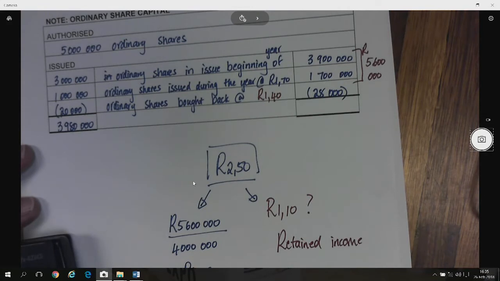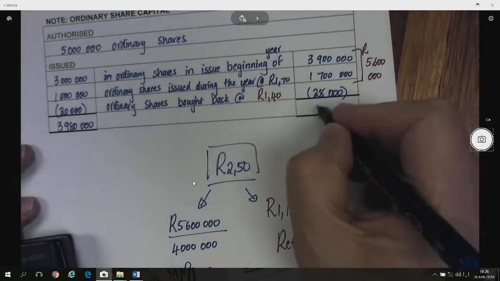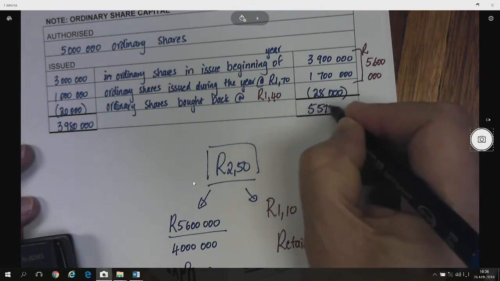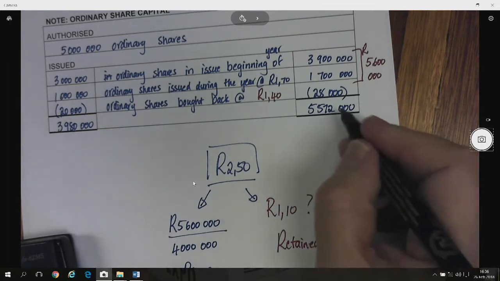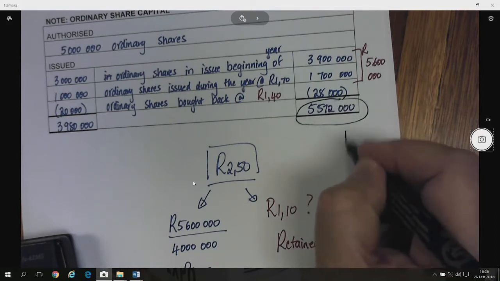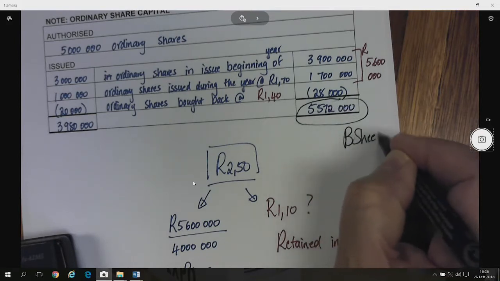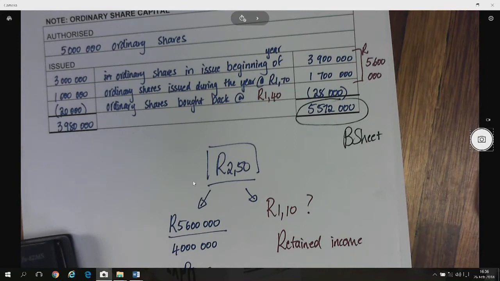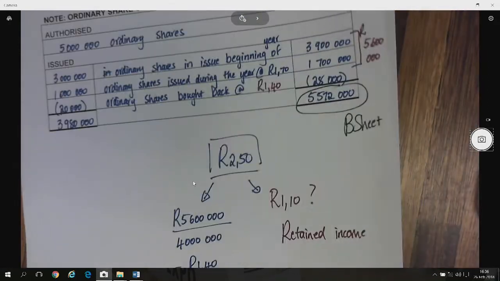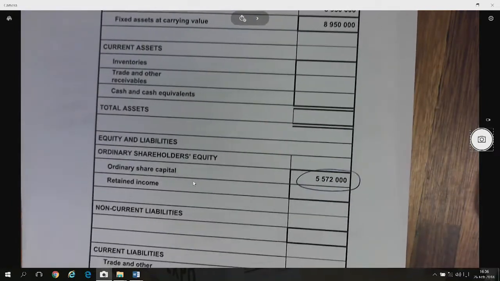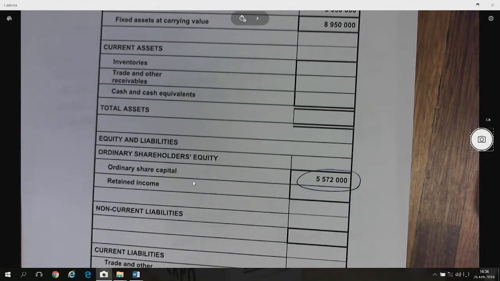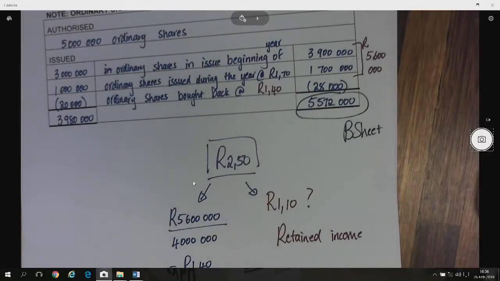And on that side, 5,600,000 minus 28,000 gives you 5,572,000, which is exactly the same amount as was given on the balance sheet for ordinary share capital. I've got the balance sheet here with me. We are not going to do the balance sheet today, but there is the 5,572,000 for ordinary share capital.